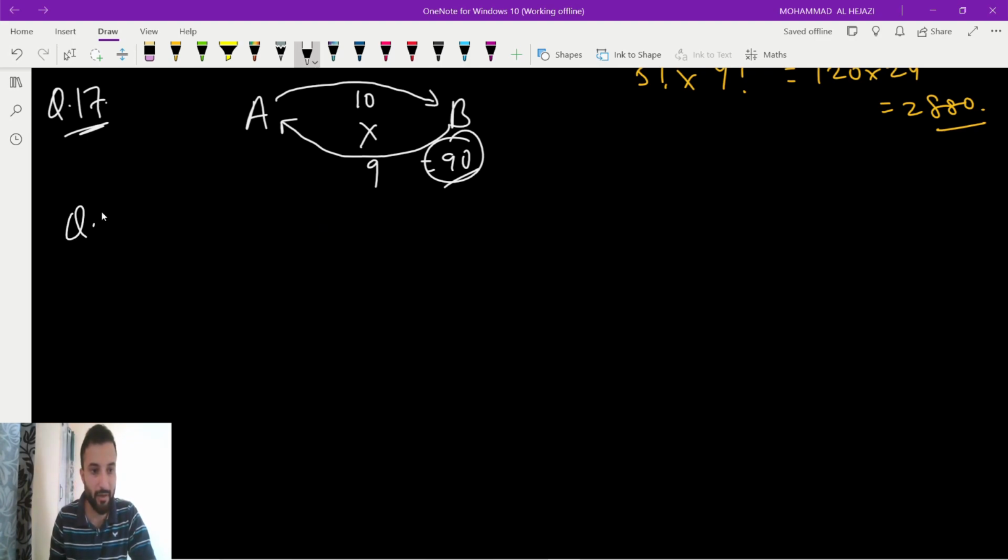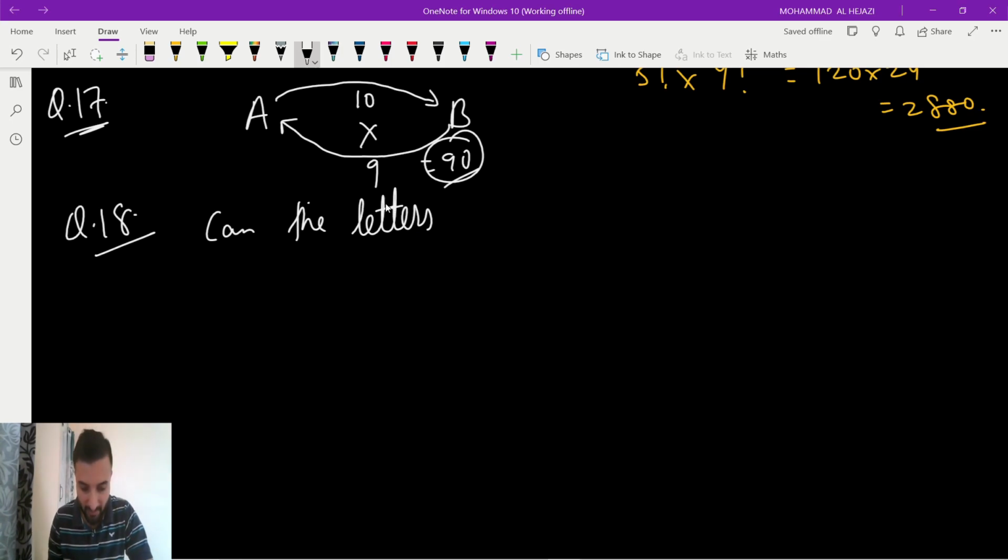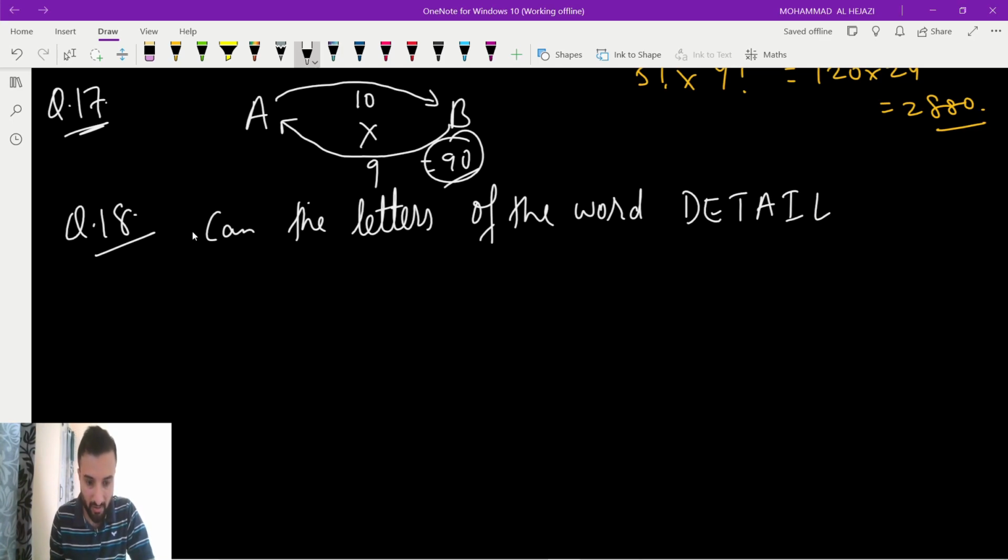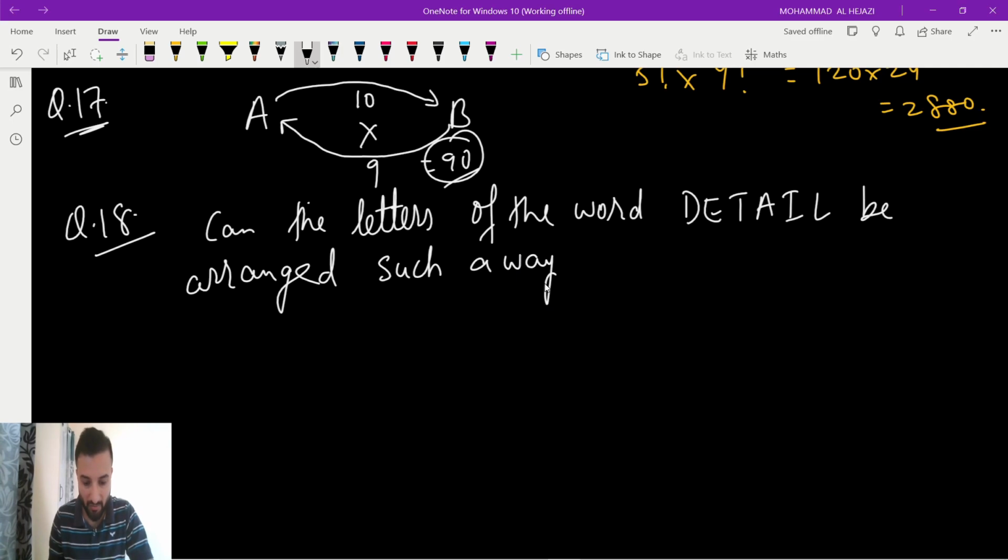Next, question number 18. In how many different ways can the letters of the word DETAIL be arranged such that the vowels occupy the odd positions?